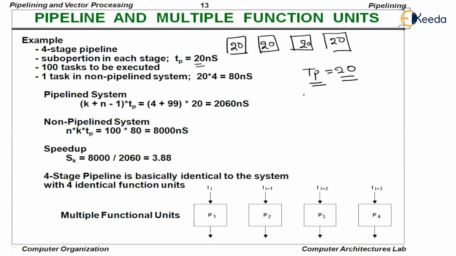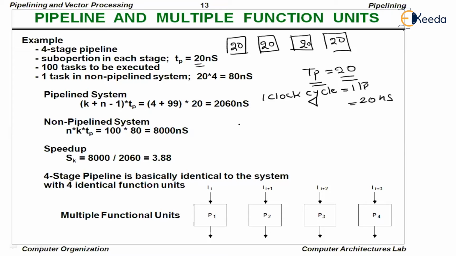So for this pipeline system, Tp is equal to 20, one time unit. That means one clock cycle in this pipeline system will be equal to 20, because the pipeline will get clocked at 20 nanoseconds. 20 nanoseconds is the minimum time unit. So one clock cycle is equal to 1 Tp, which is equal to 20 nanoseconds.